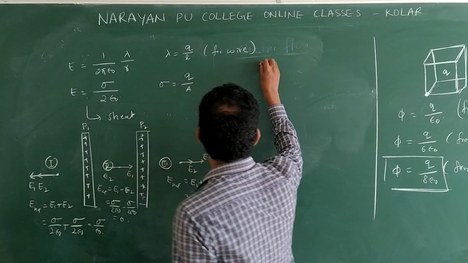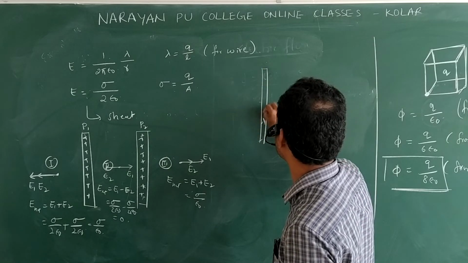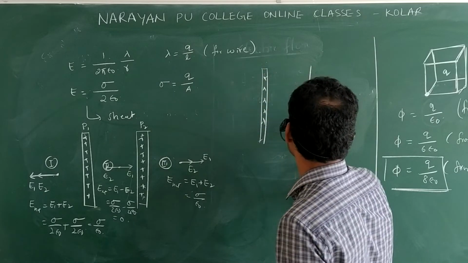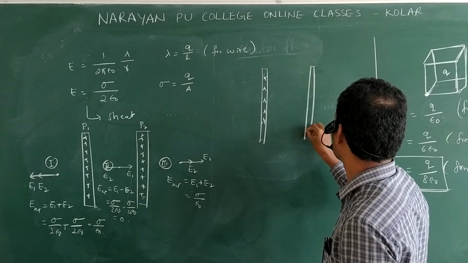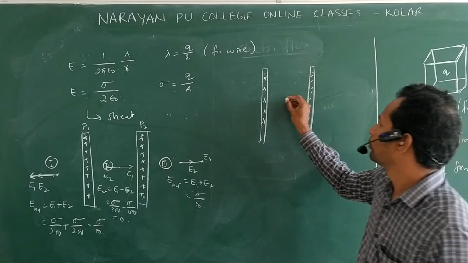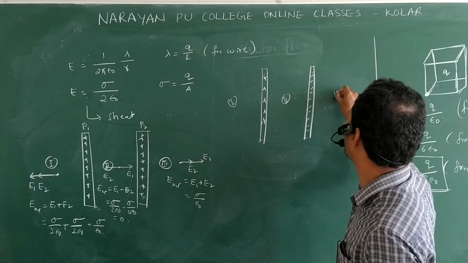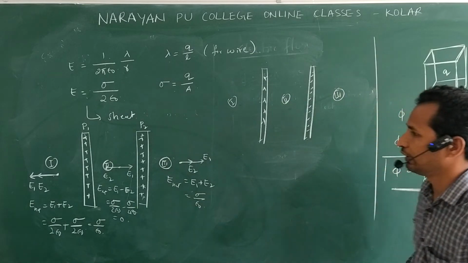See here, same question. Suppose one plate is positive and one plate is negative. Now region 1, region 2, region 3.